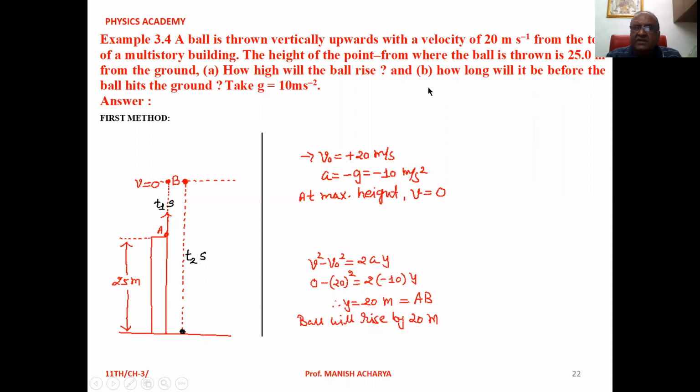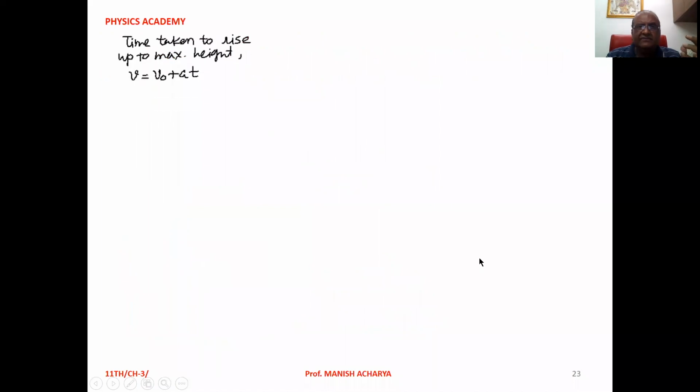Now in question B, how long will it be before the ball hits the ground? It implies that from position A, it is thrown vertically upward, attains maximum height, then moves towards the ground, and finally hits the ground. Then what is the total time in this process that we want to calculate? First we consider the time taken to rise up to maximum height, that is T1.